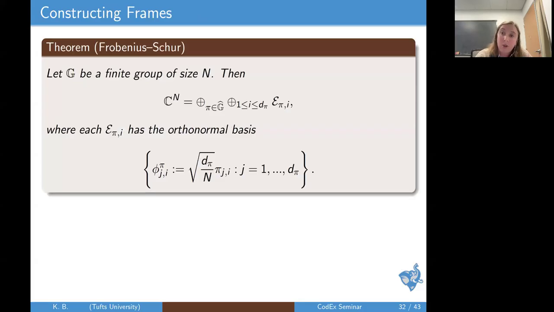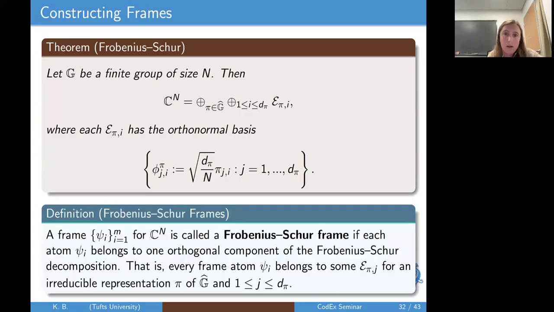So the Frobenius-Schur theorem not only tells us about the right regular representation decomposing, but it gives us this nice way to decompose our space into a direct sum of these coefficient spaces. And it allows us to write an orthonormal basis for our space C^n. This will inspire our frame construction.